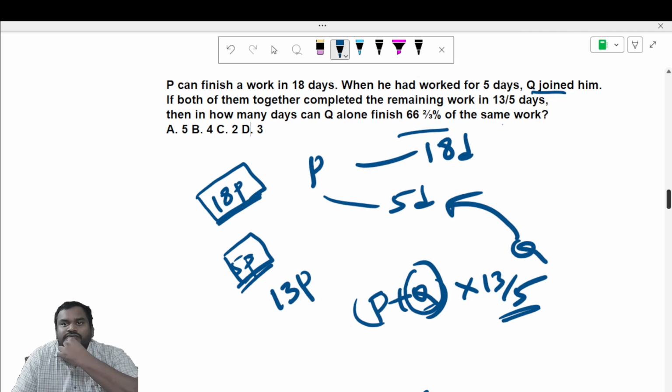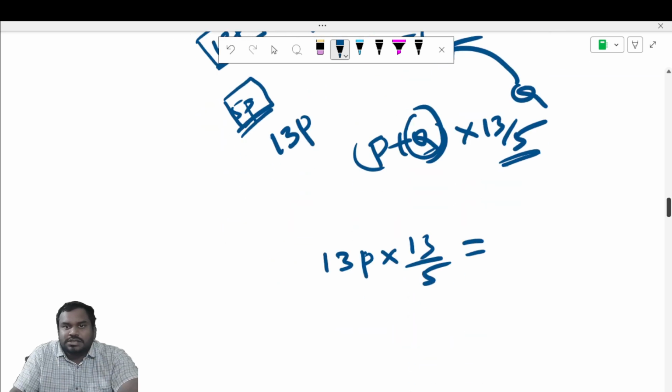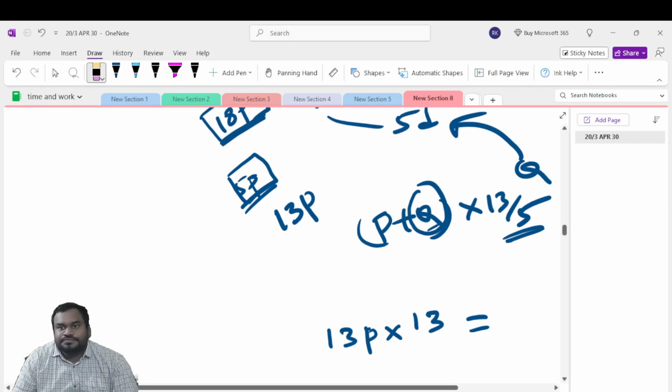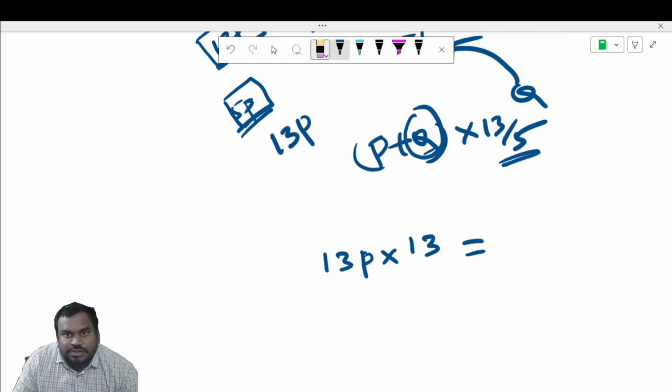So 13 parts of work is remaining when he works for 13 days. When he works for 13 days with P efficiency, 13 parts of work should be completed.